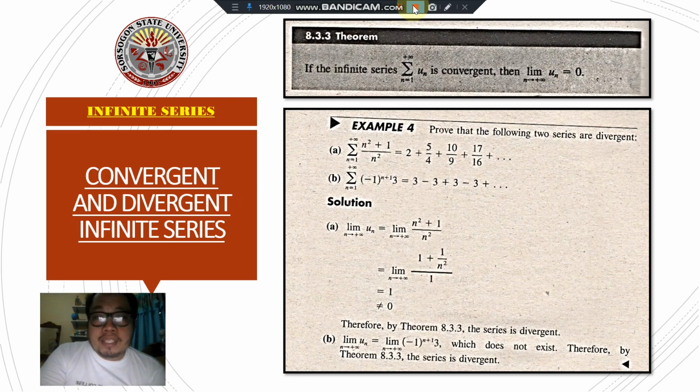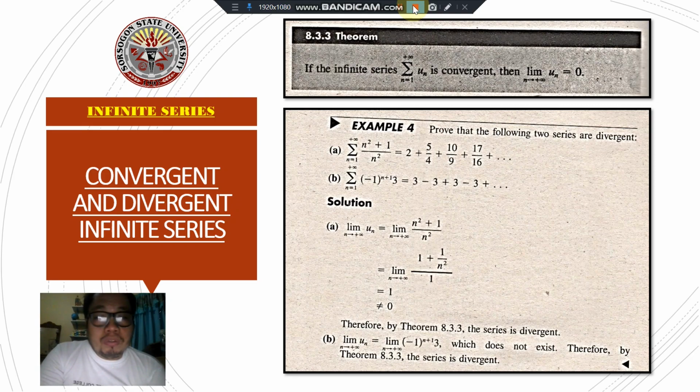Now let's have an example in line with this theorem. Prove that the following two series are divergent. For letter A, we have the summation of n squared plus 1 over n squared, where n equals 1 to positive infinity.